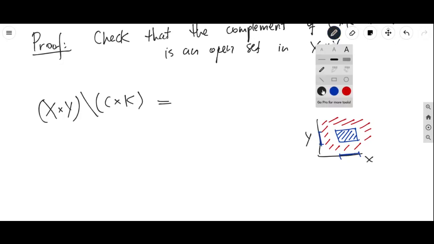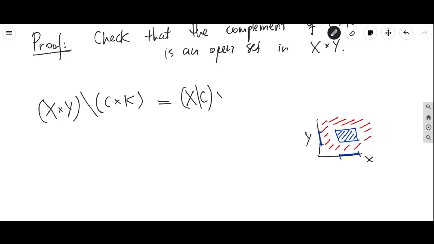So the way you would write this is that this is the complement of C times Y, and then union X times the complement of K.